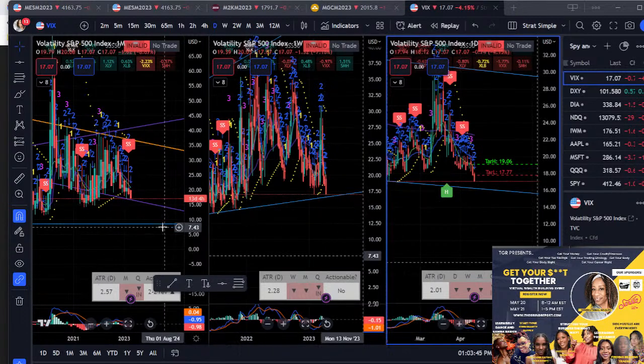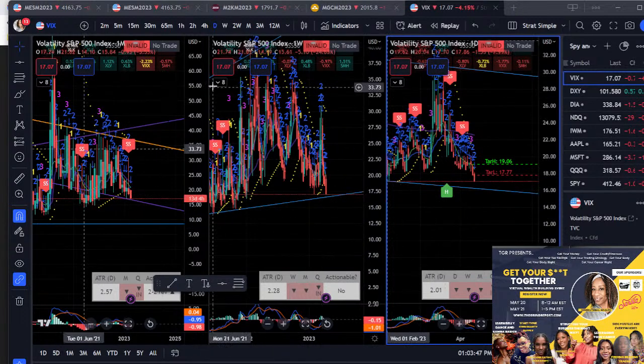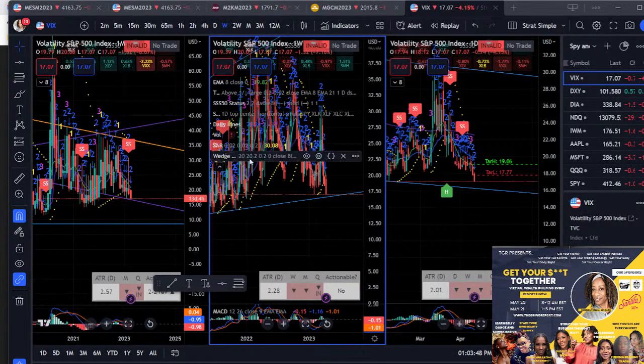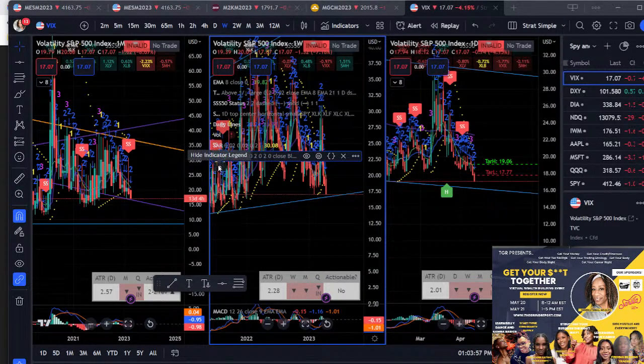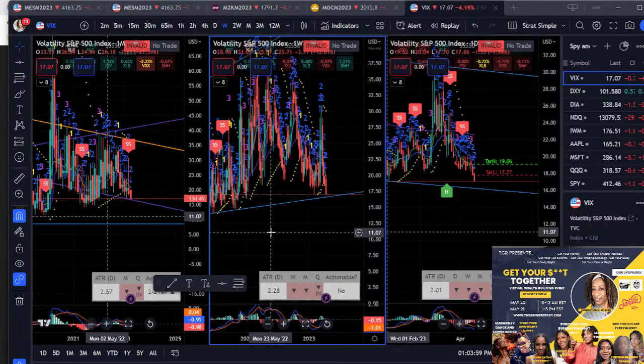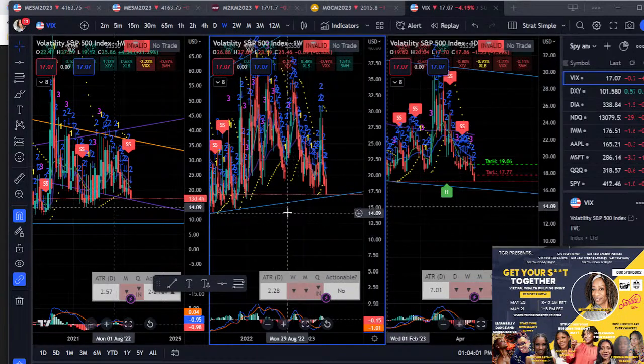And then these blue lines are this indicator that Jamal helped us out with. It is called the wedge maker, and it basically shows when something is making a wedge, so I don't have to draw those lines myself. So I really like that.